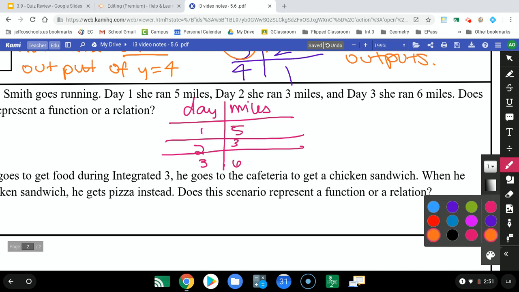Our inputs do not repeat, so this is a function. We know it's a function because each input has exactly 1 output. Okay? All right.